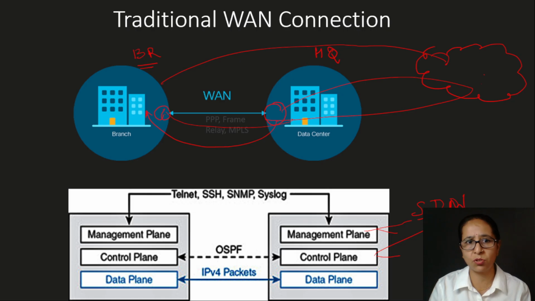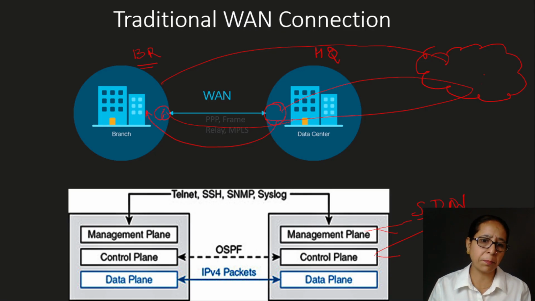Suppose there are 10 branches, 20 branches, with a number of devices placed at the branch offices. There are also devices on the cloud we are managing, say the data center has shifted to the cloud and there are devices on it. So what we want is all the device configuration in one place: what protocol needs to be configured, and how intelligently they should take decisions. With software defined network, we centrally manage all these things, telling the devices, yes, use this route to forward the data.